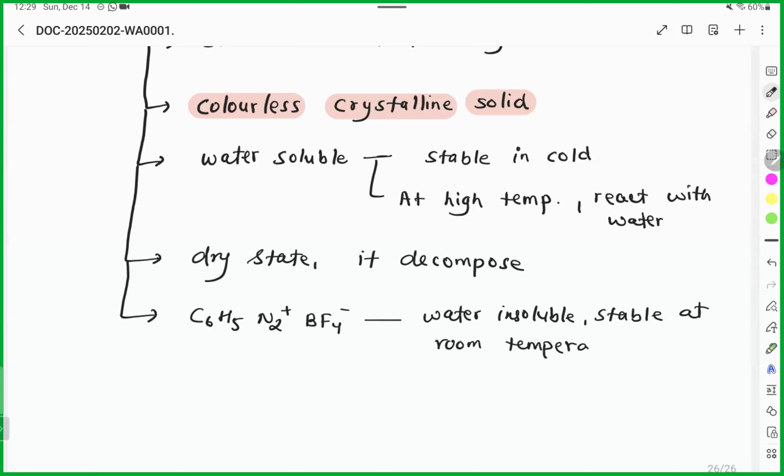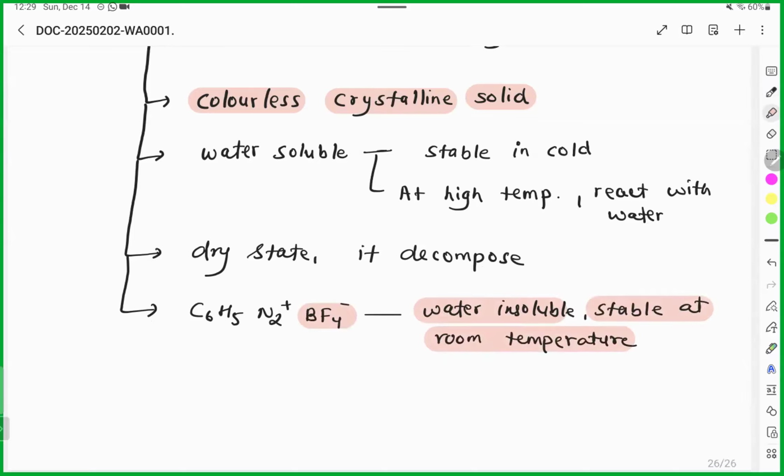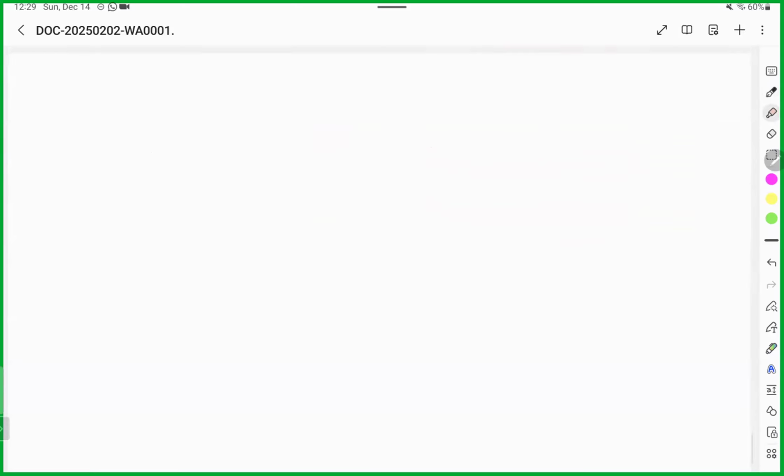Barinder, at what temperature is benzene diazonium salt stable? Barinder, yes, sir. At what temperature is diazonium salt stable?